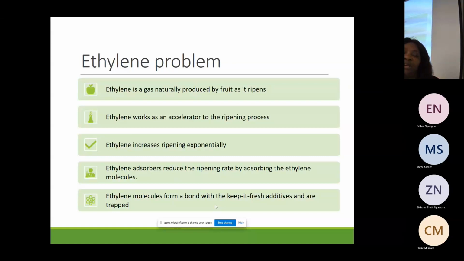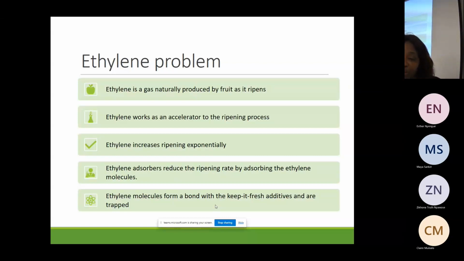So whatever the technology they're using here, they're trying to reduce the amount of ethylene within the environment of the product, because ethylene increases ripening exponentially.